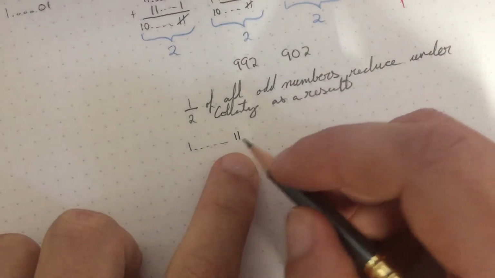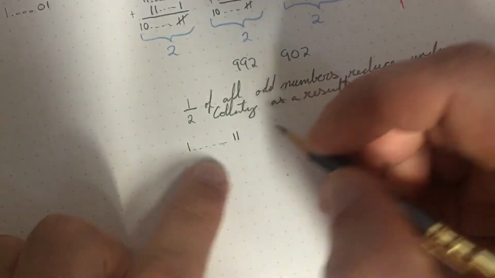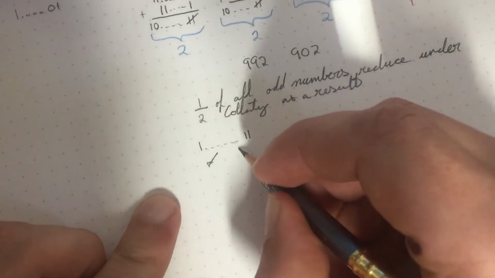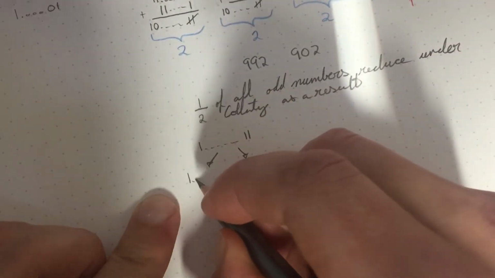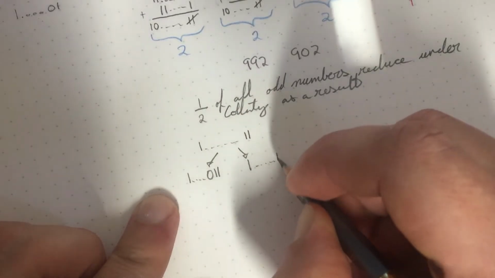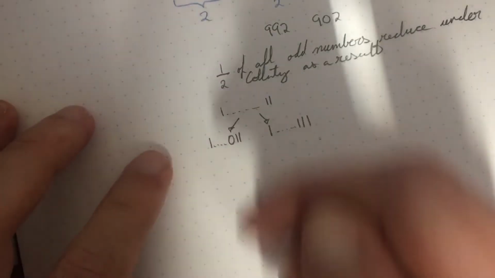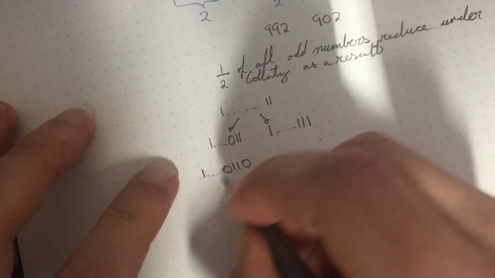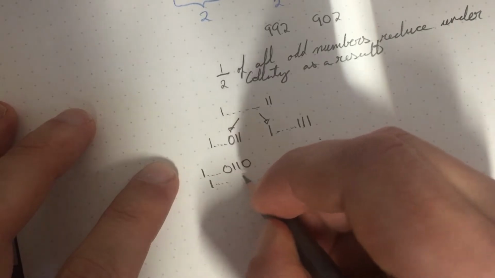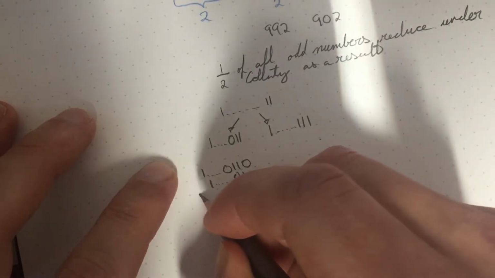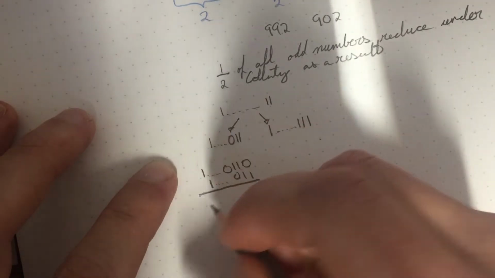I can't answer that without going to some more digits of the number. So we'll have 1, 0, 1, 1, and then we'll have 1, 1, 1, 1. With this one, we'll do that little thingamajig.